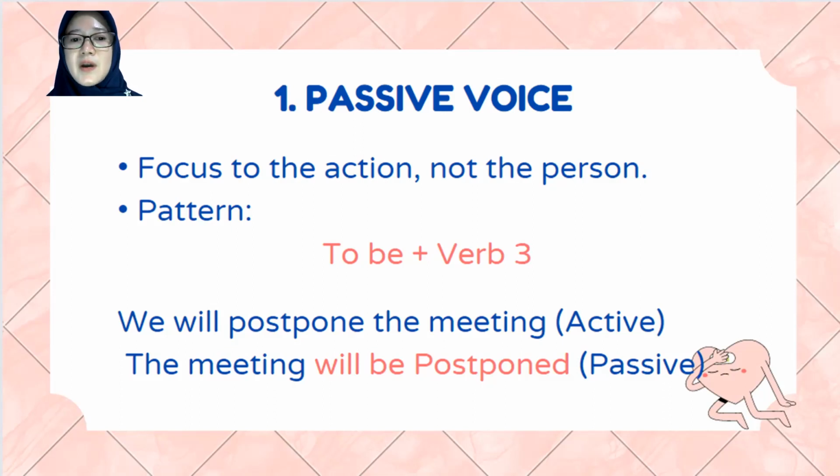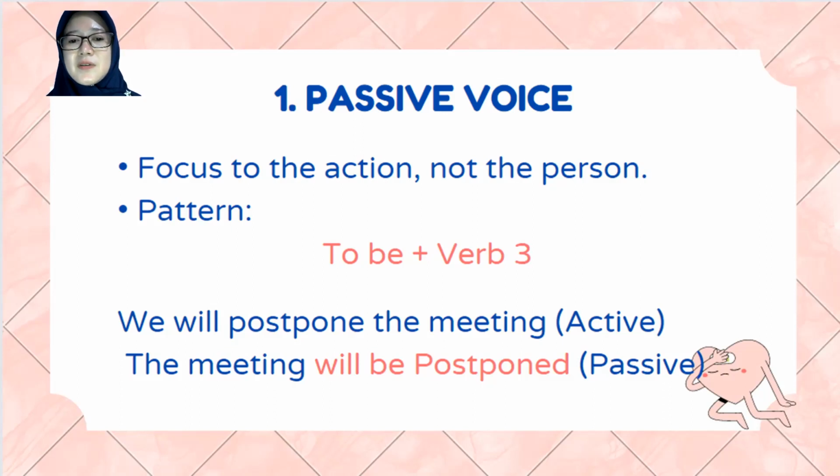While the second sentence, look at this sentence, the meeting will be postponed. Of course, in this sentence, we focus on the meeting itself. It doesn't matter who will do that.